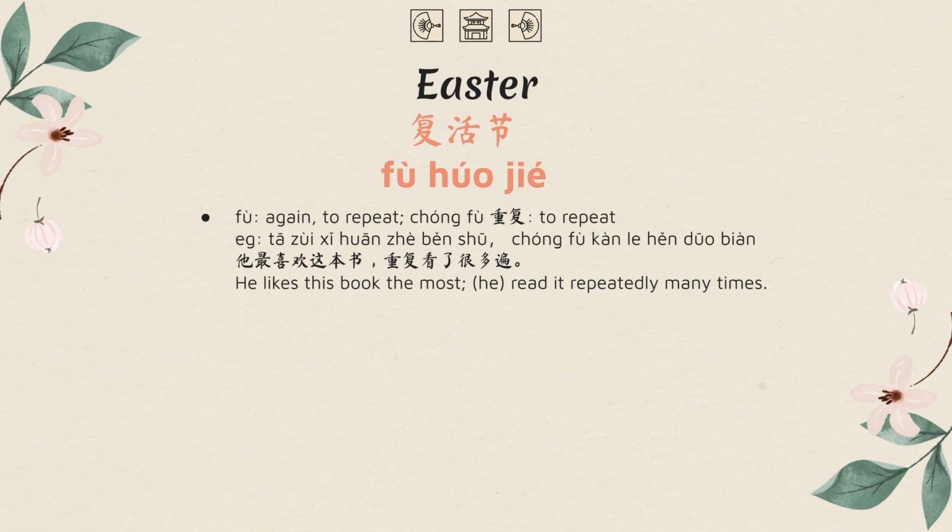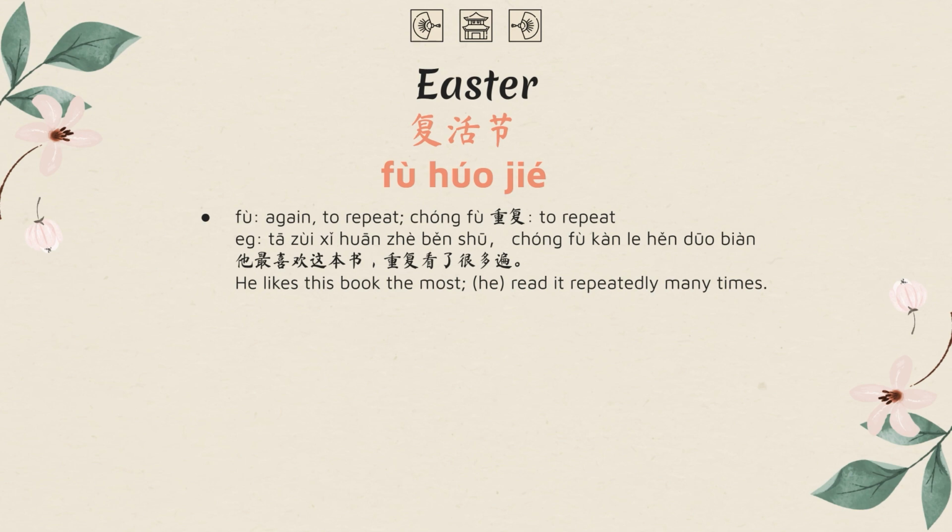My example sentence is 他最喜欢这本书，重复看了很多遍。So, 他最喜欢 means to like something the most. 这本书, this book. 这 means this, 本 is the measure word for books, and 书 means book.